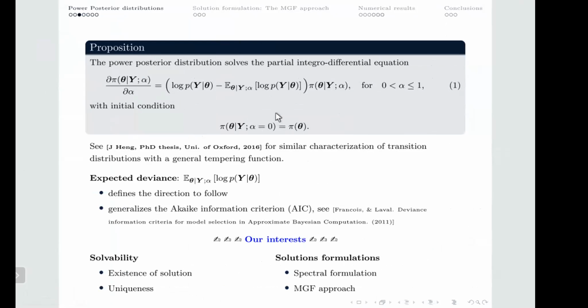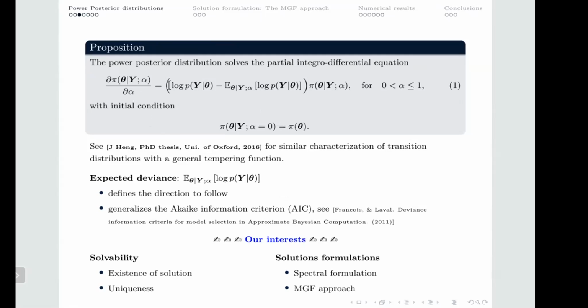You can see a similar characterization in studies from the University of Oxford, where instead of alpha you have a functional of alpha. The expectation of the log likelihood with respect to the power posterior distribution is known as the expected deviance. Here, from equation 1, you can see that it also defines the direction to follow.